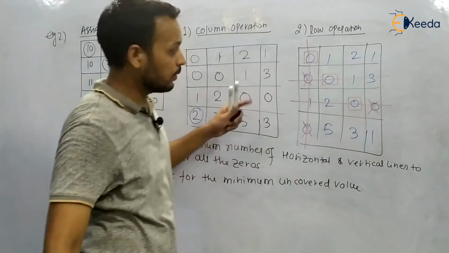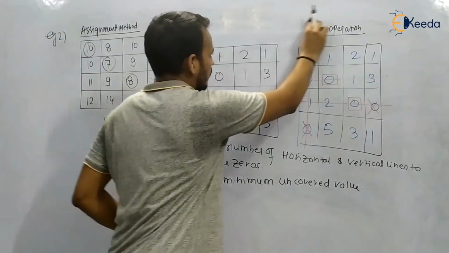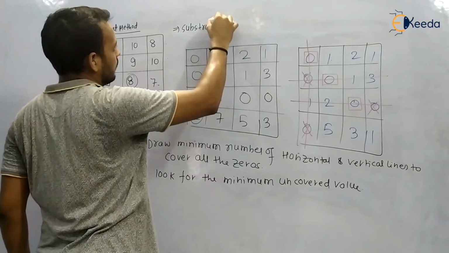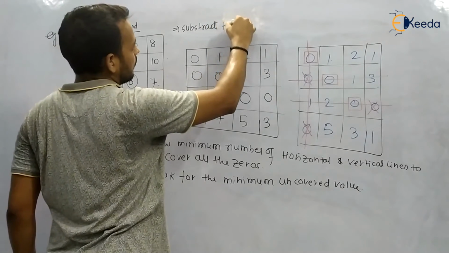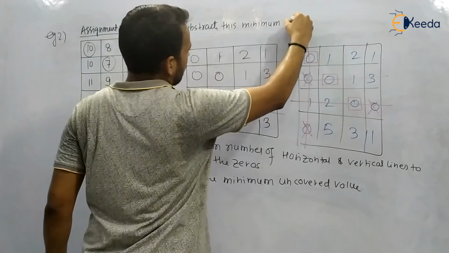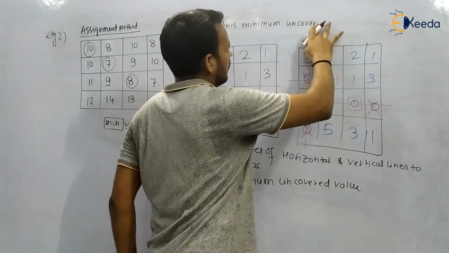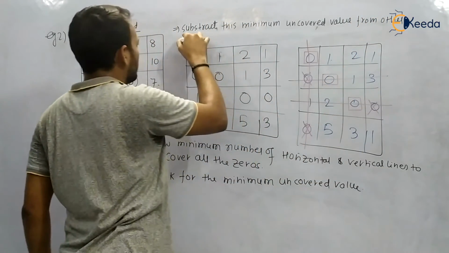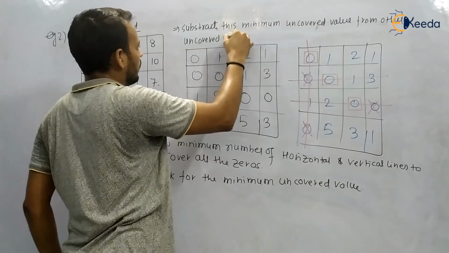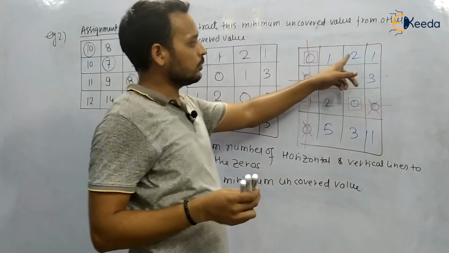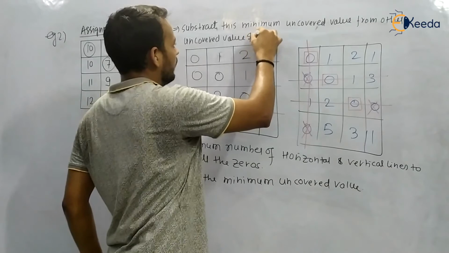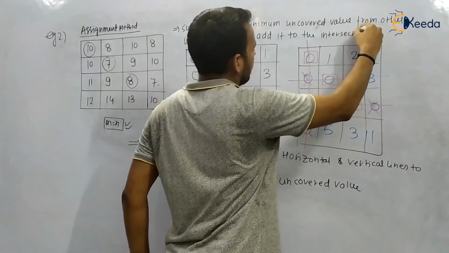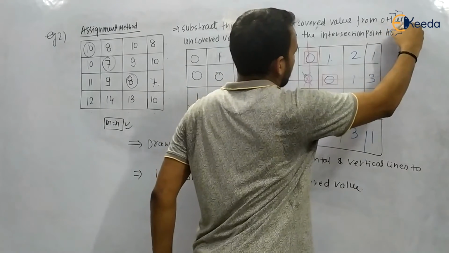So what we have to do is subtract this minimum uncovered value from the other uncovered values, and add it to the intersection points having 0.